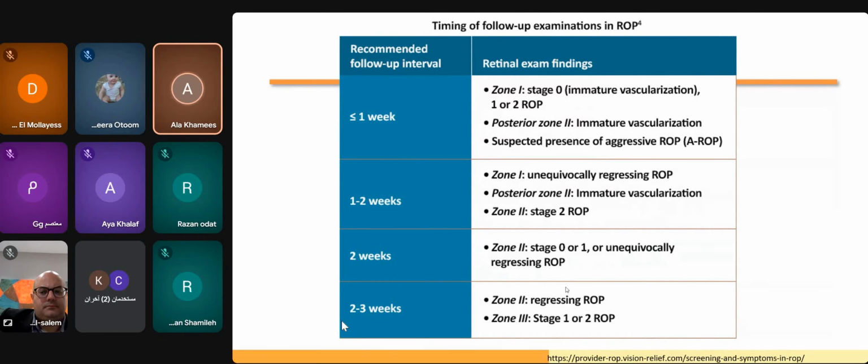We can examine more frequently in any ROP forms in zone 3 with plus symptoms, at a shorter than 1 week interval for rapidly progressive ROP, aggressive ROP, or very immature retina, very immature babies.